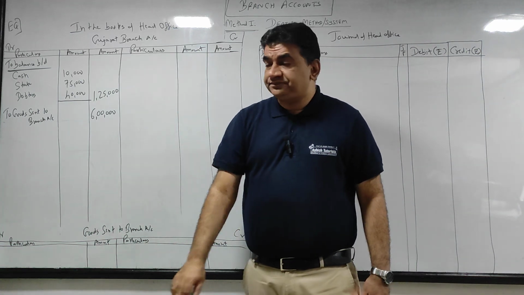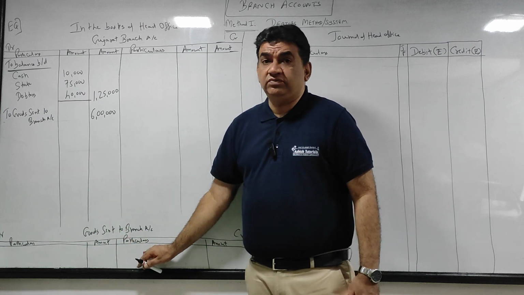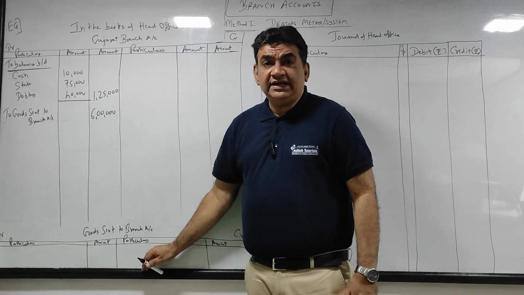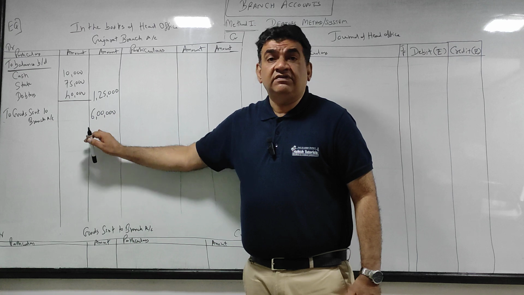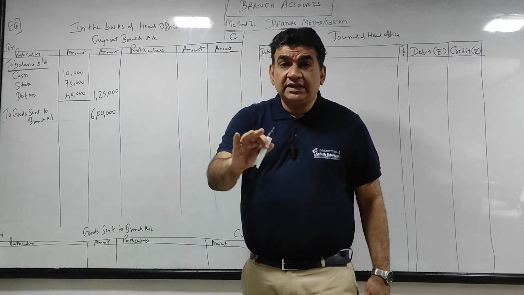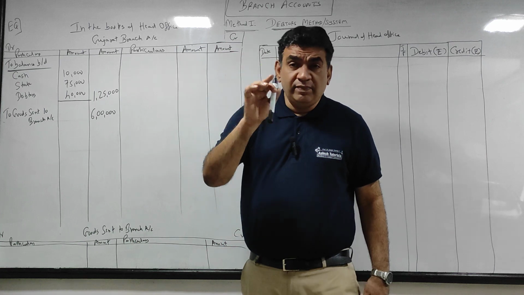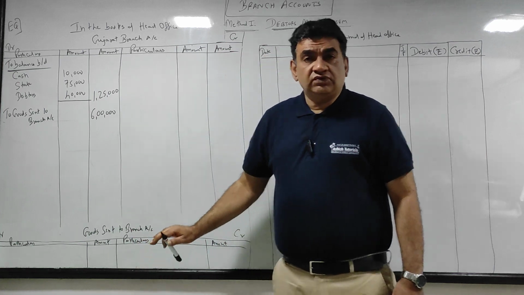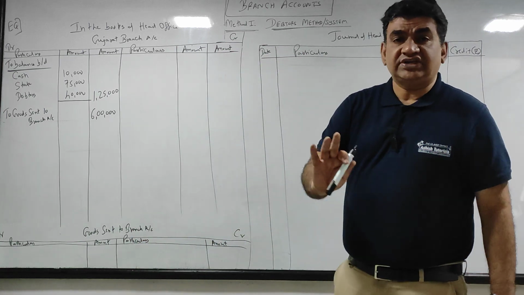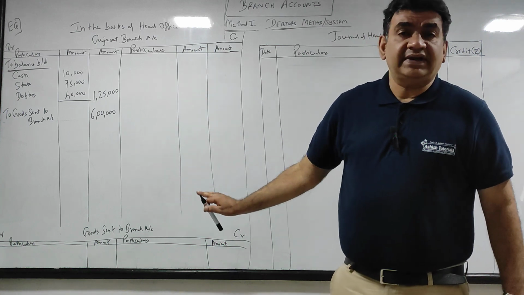Now listen guys, I have made goods sent to branch. Because I have made it, इसका पोस्टिंग विल कम हियर. थोड़े टाइम के बाद बताऊंगा, ये अगर नहीं बनाओगे तो भी चलेगा, बट मैंने क्यों बनाया है उसका वो रीजन है. You will come to know when I come to the last entry. सो राइट नाउ हमने बनाया है.